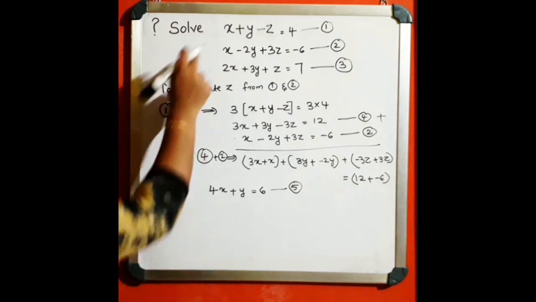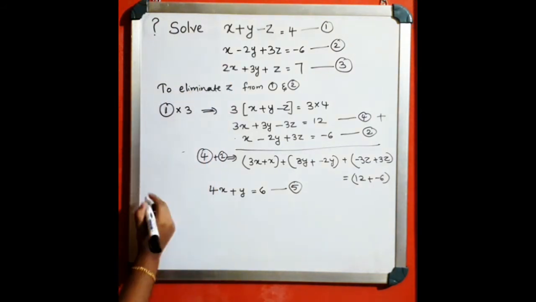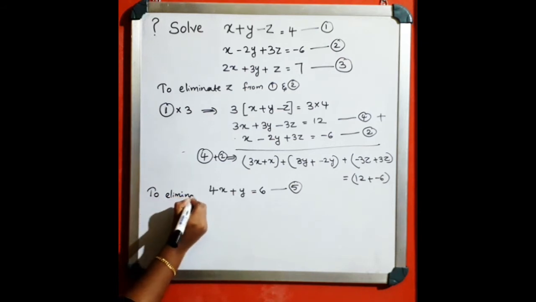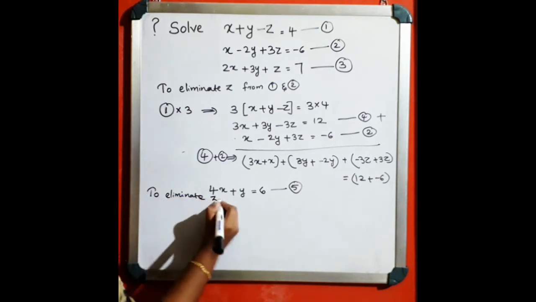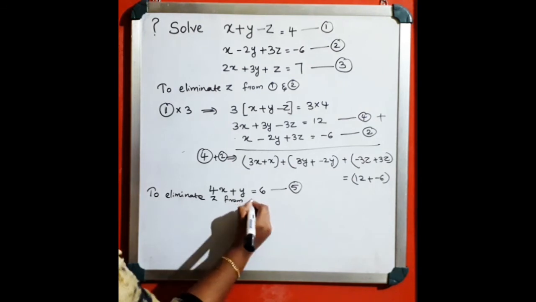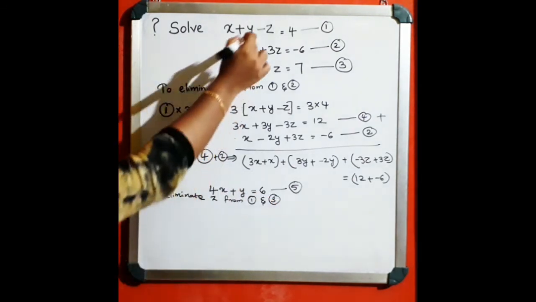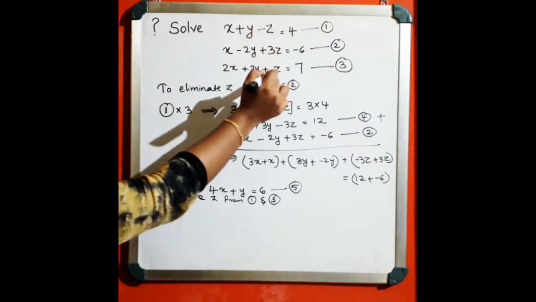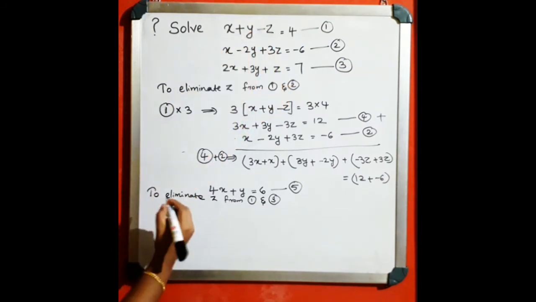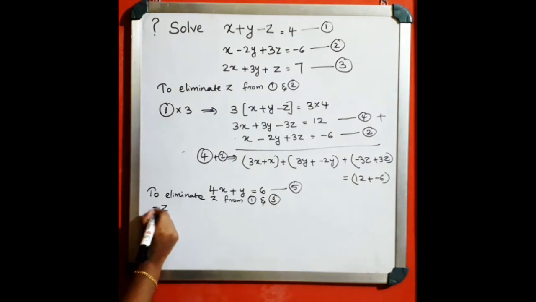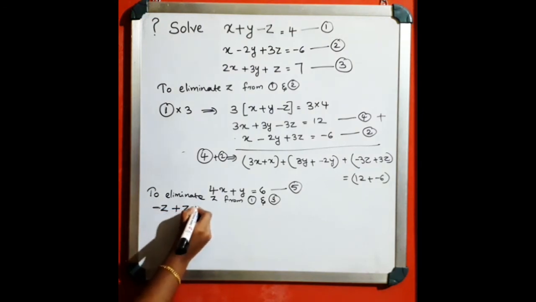And now consider equations 1 and 3. That is, to eliminate z from equations 1 and 3. Here the coefficients of z are minus 1 and plus 1. So we already know that minus z plus z is 0.